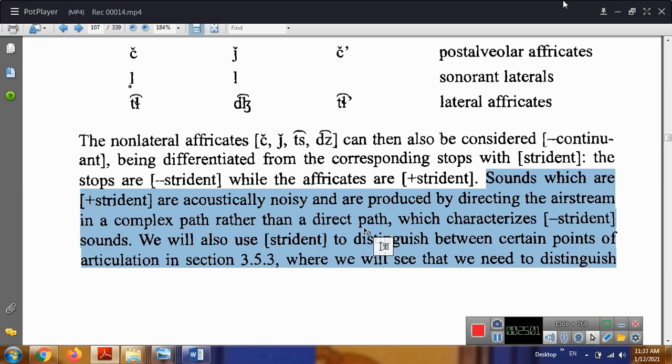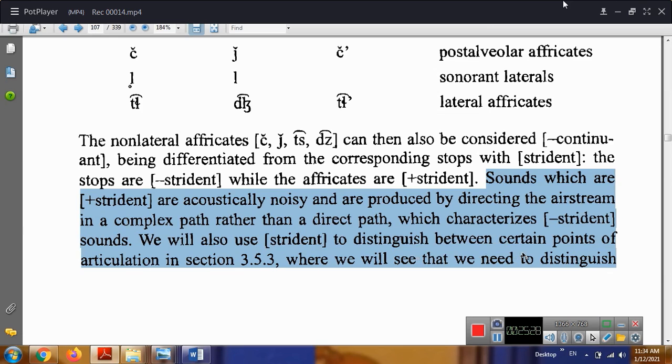Therefore, for stops, because we have the direct path, we consider them as minus strident. But for affricates, because the airflow is faced with some part of the vocal tract, we consider them as plus strident.